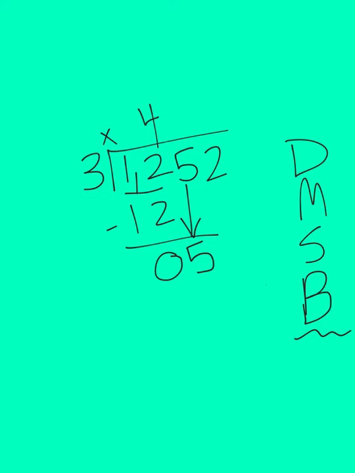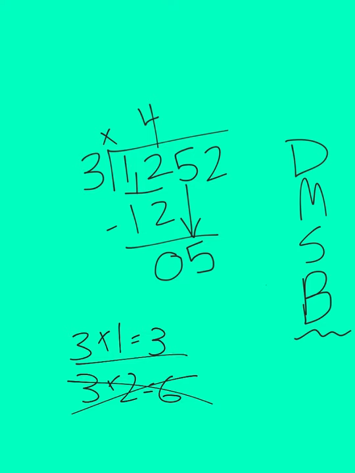Well, 3 can go into 5 one time, because 3 times 1 is 3, but 3 times 2 is 6. So we can't put 3 into 6 2 times. That's too much. So we're going to have to just do 3 times 1 equals 3. So that means 5 divided by 3 is 1.